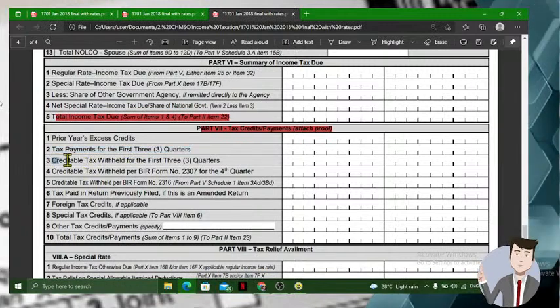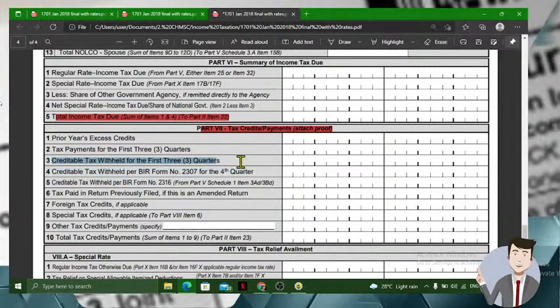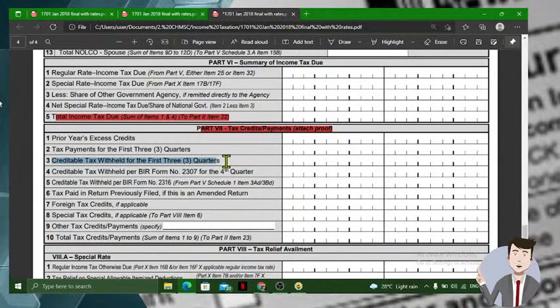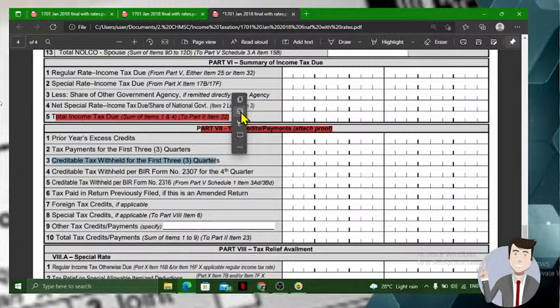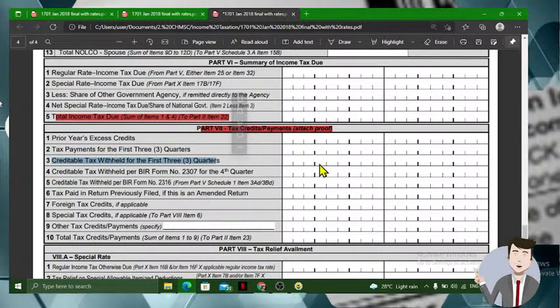Then, next is your tax credit withheld for the first 3 quarters. So, whatever BIR Form 2307, isum up mo na siya guys, kag amo na ding amount ni butang mo.